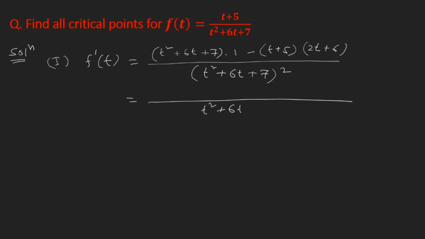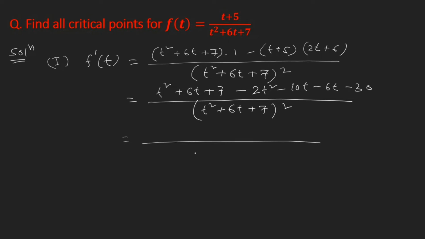Now simplify this. So you will have t square plus 6t plus 7 minus 2t square minus 10t minus 6t minus 30.